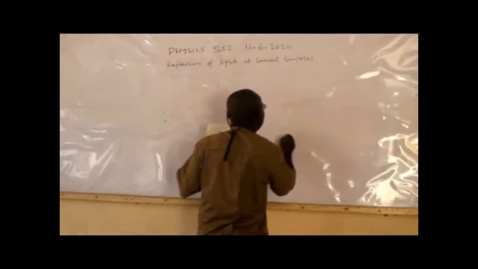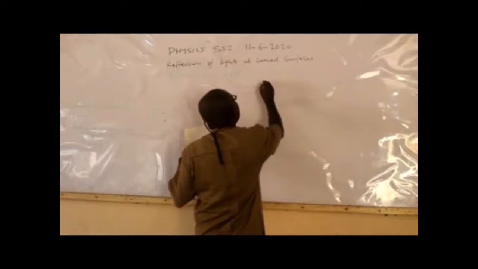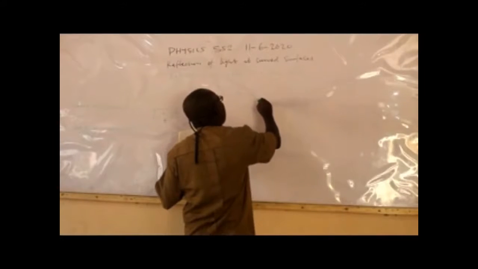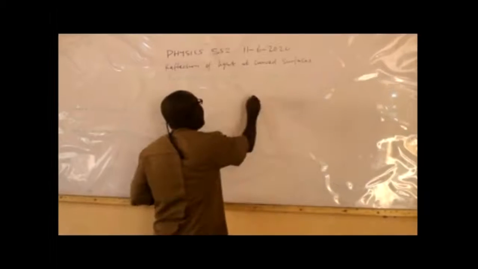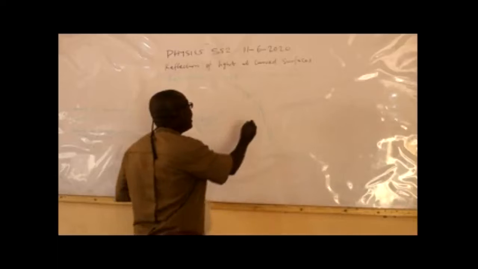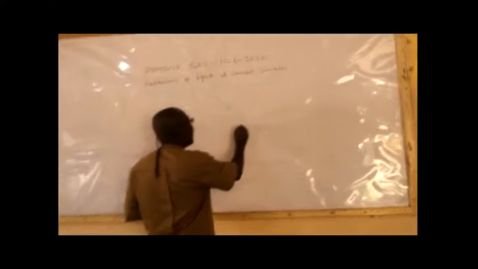This is the glass block. This is our normal. This is our incident ray, and here is the angle of incidence. This is the refracted light, and here is the angle of refraction. Here is the emergent light, and this is the angle of emergence.